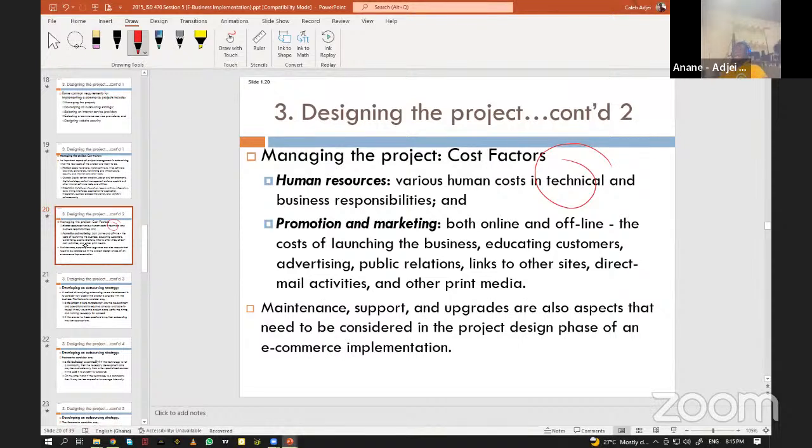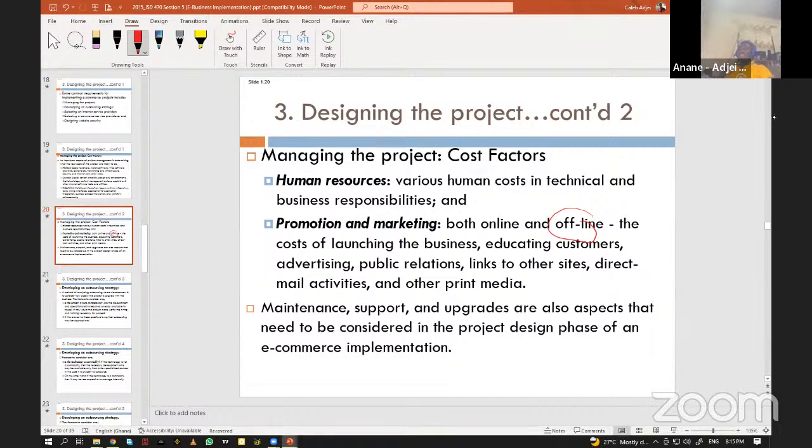Then how will people hear about our e-business solution? There must be promotion, there must be marketing. So either we are going to use an online kind of marketing system, or we are going to use something offline. So when Tonaton started in Ghana here, those of you who were here, OLX and Tonaton, you could hear them advertising on TV3 and other media platforms about Tonaton.com, because though it's an online platform, people don't know about it.